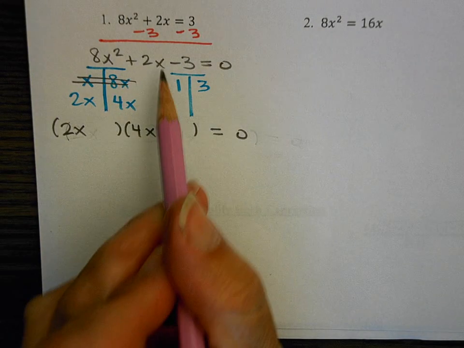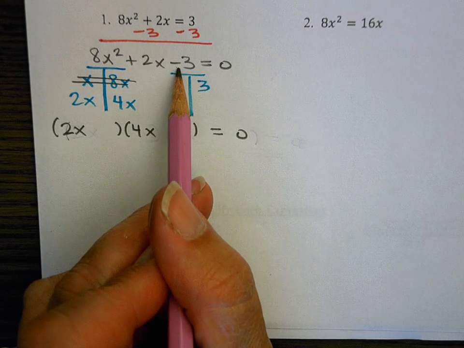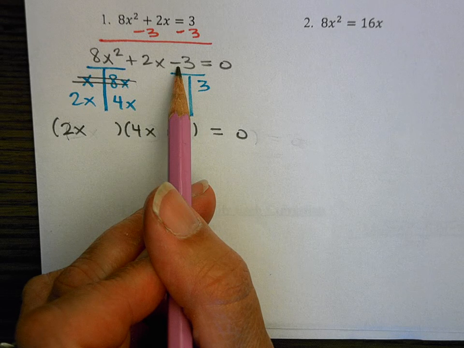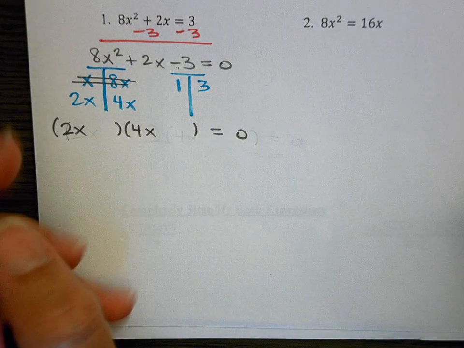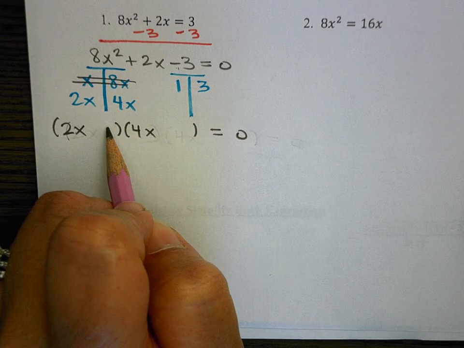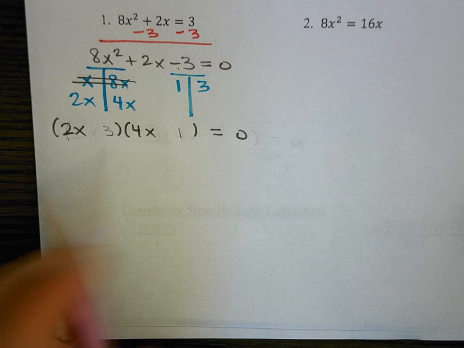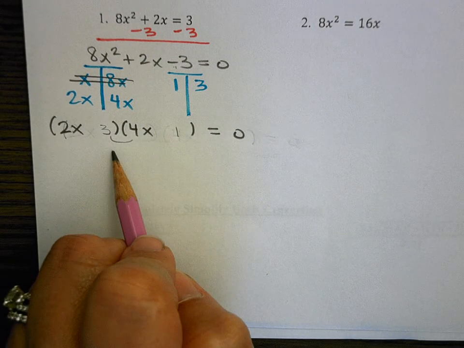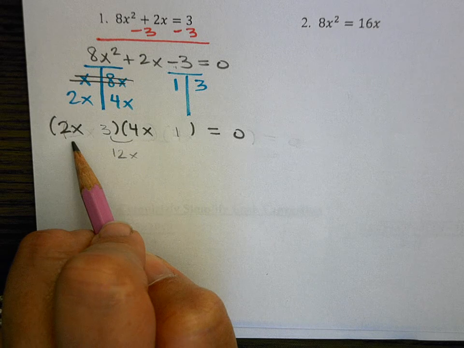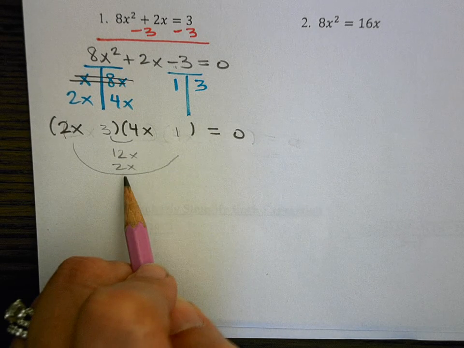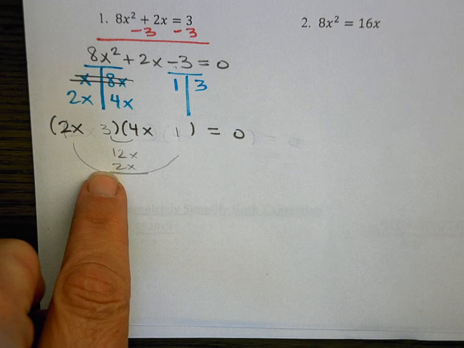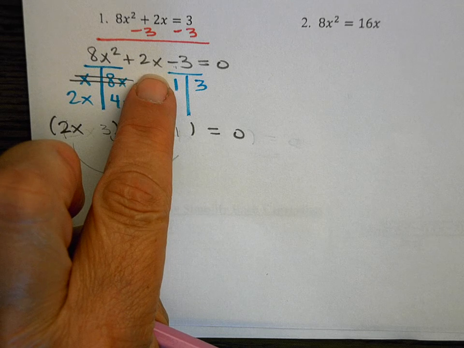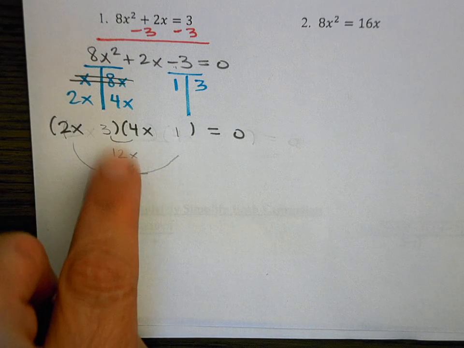And again, one of them needs to be negative because when it multiplies together, it's supposed to be a negative 3 here. So if I have, say, a 3 and a 1 here, that would be 12x, and then here will give me 2x. And then 12 and 2 won't combine to give me 2, right? Because that will either add to 14 or subtract to 10.